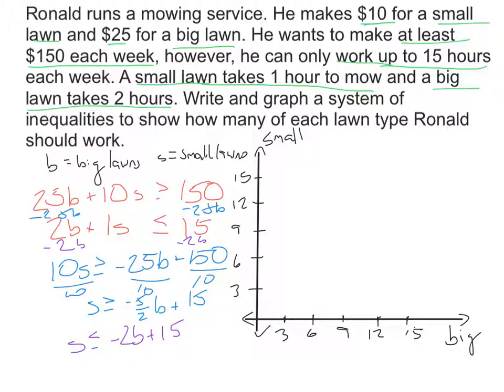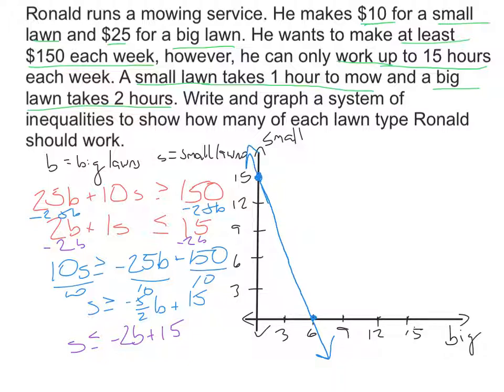Okay. For the blue inequality, you start at 15 for your s-intercept in this case, and you go down 5 over 2, and I can simply count this way down 5 over 2 here. And because it is greater than or equal to, we'll have a solid line here between those two.